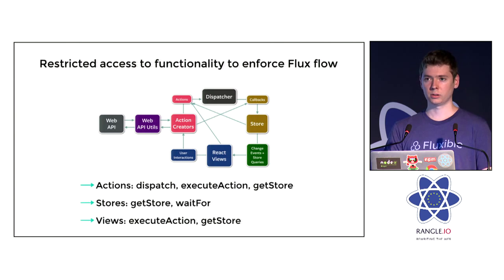So within actions, we can call pretty much anything. We can dispatch actions, execute other action creators, and we can get access to stores only for getters. From stores, we can get other store instances, and we can call waitFor, which is part of the base Flux. And views can execute actions, and they can call getStore so that they can get the data for their component.